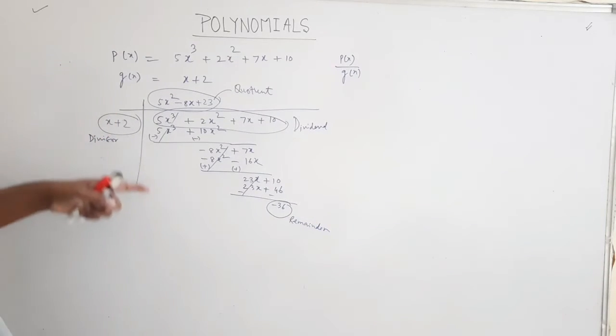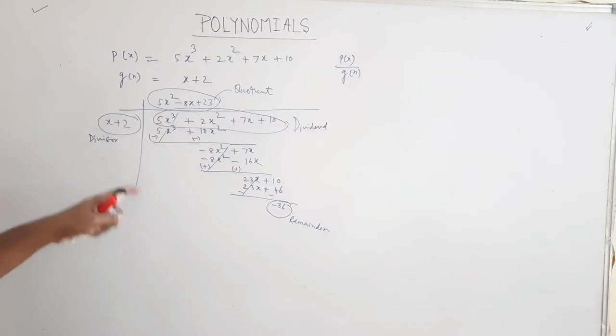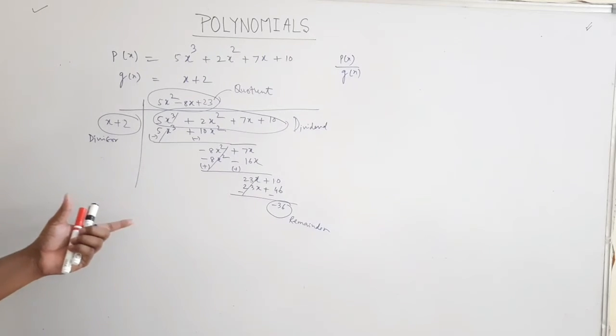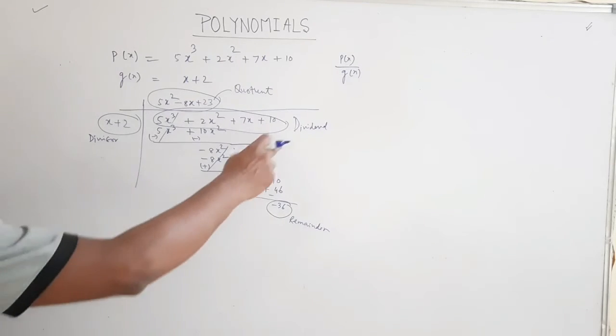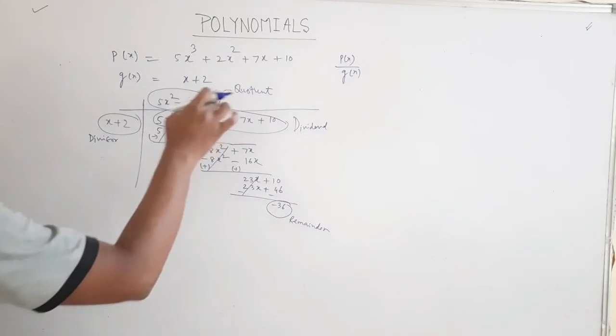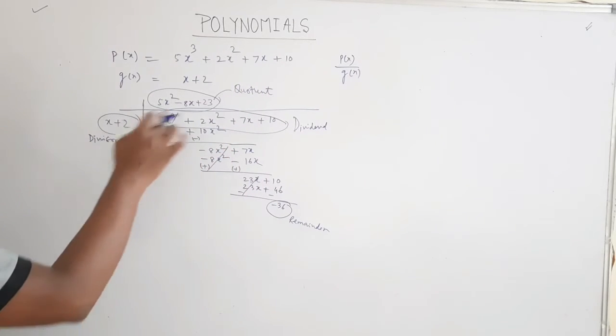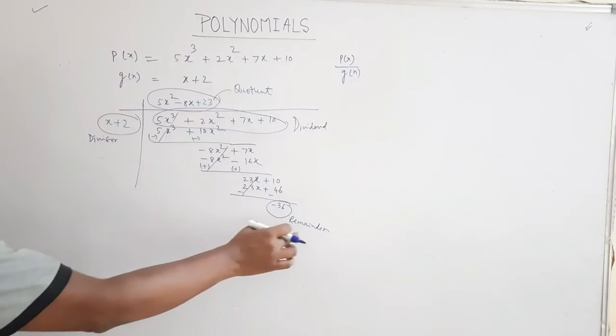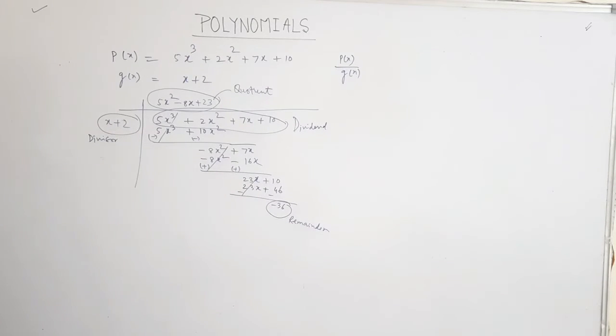And you might have studied in standard 4 or 5 that this is called the division algorithm, which says that the dividend is always the product of the quotient and the divisor, plus the remainder.